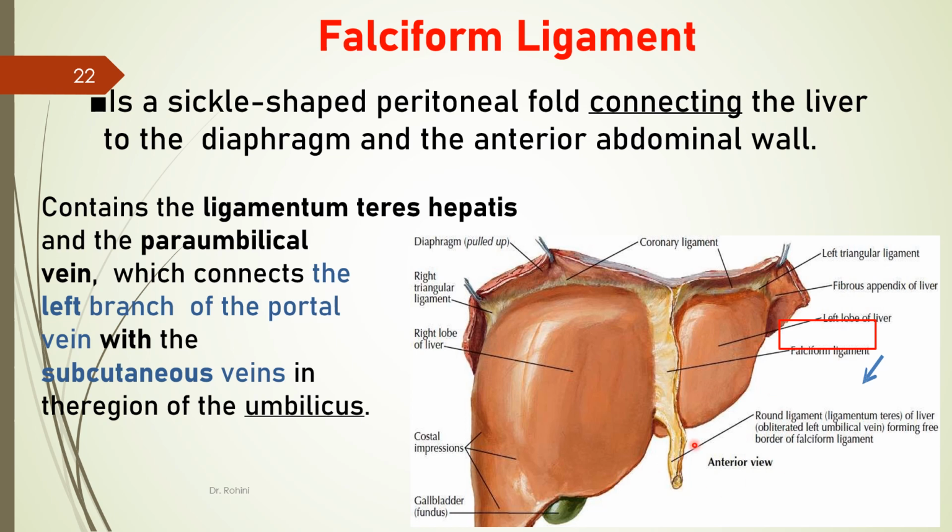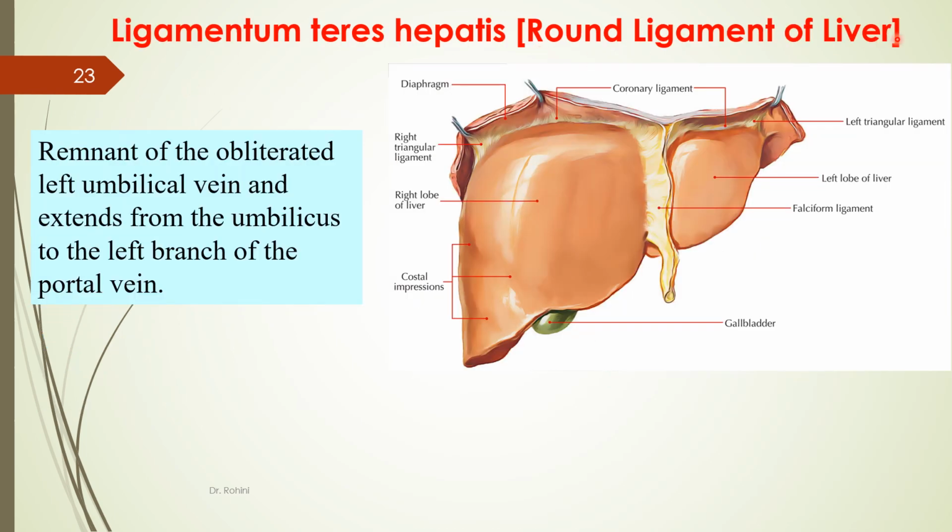But for now, you should remember this round ligament of the liver. We have the round ligament of the uterus also in females, and ligamentum teres is one name for a ligament on the head of the femur also. So please don't get confused. It is ligamentum teres hepatis. This is your falciform ligament. The lower free margin of the falciform ligament, extending from this interlobar notch, will go up to the umbilicus.